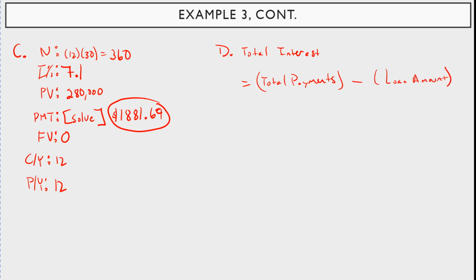Right? Anything on top of the loan amount is just interest. So look, total payments, you're making payments of $1,881.69. How many times? 360 times, right? Monthly payments for 30 years.